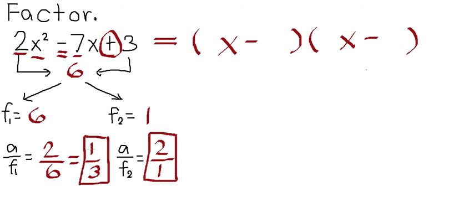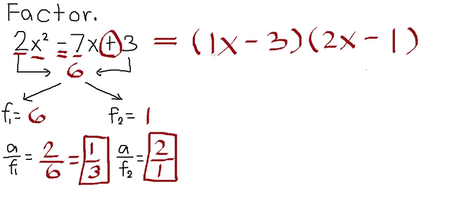So, itong 1 over 3, ilalagay natin yung 1 dito sa first x at yung 3 dito sa constant term. Sa 2 over 1 naman, ilalagay natin yung 2 sa pangalawang x at yung 1 sa pangalawang constant term.